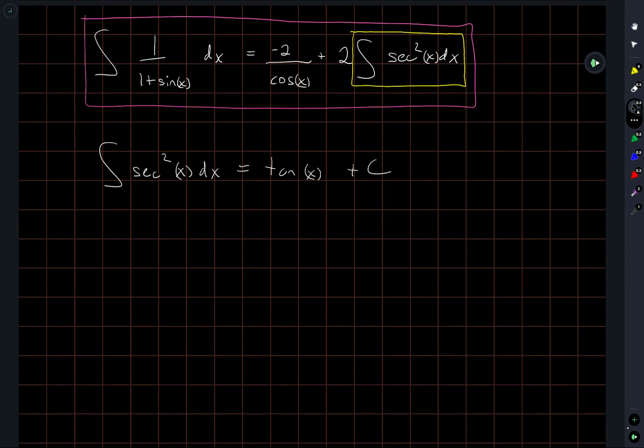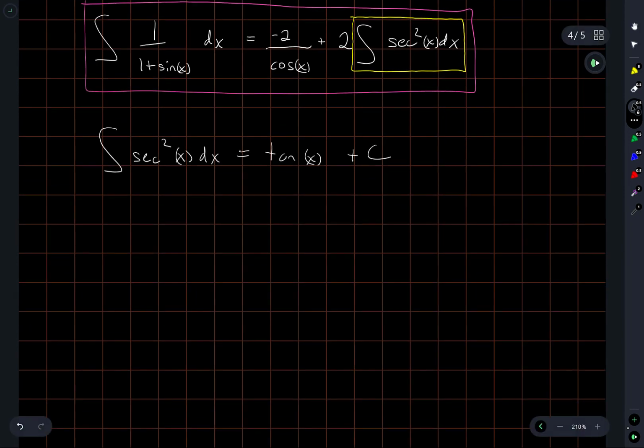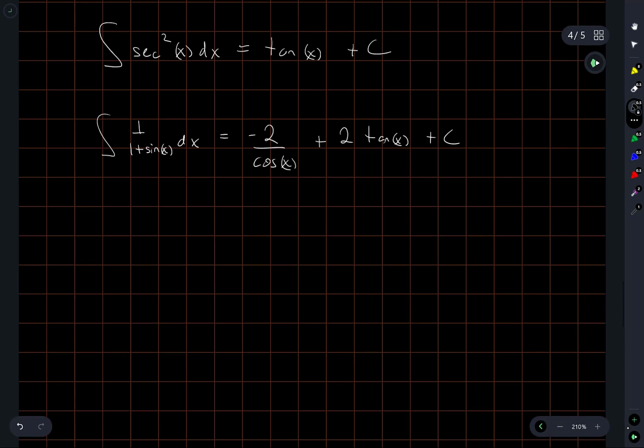So this should tell us that the integral of 1 over 1 plus sine x is negative 2 over cos x plus 2 tan x plus c. And I want to check this by taking a derivative.